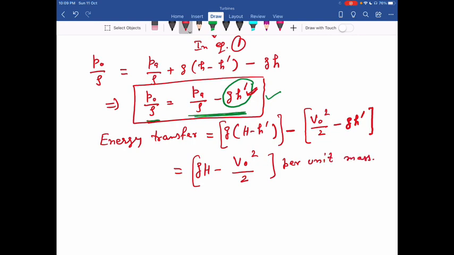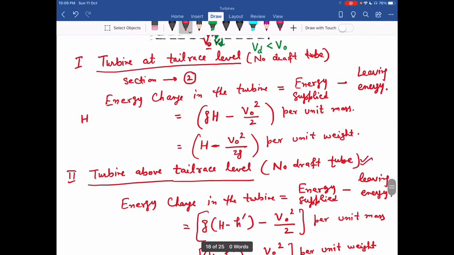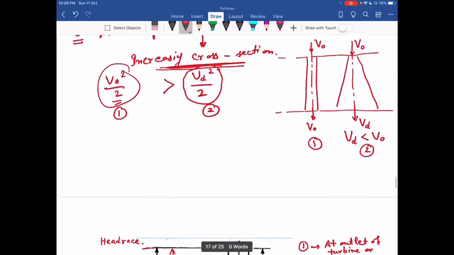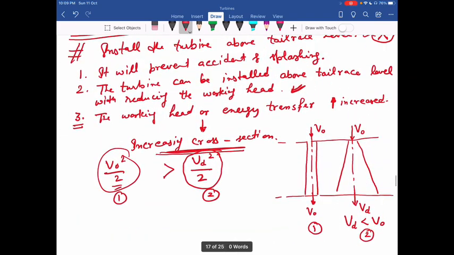Now you can see this energy and the energy in the first case are both the same. So that proves my third function, or second function, of the draft tube. That means the turbine can be installed above tail race level without reducing the working head.